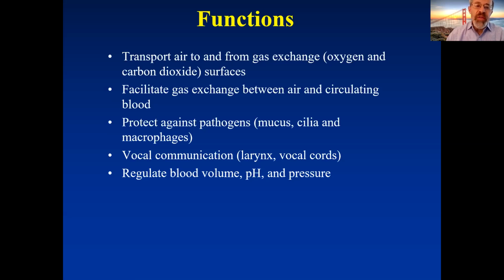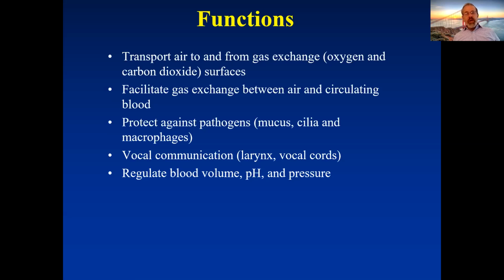A final role, and this is actually a direct consequence of the regulation of oxygen and carbon dioxide in the body, is the fact that the respiratory system controls the volume of blood, the pH, and pressure, air pressure. And of course, a lot of this has to do with the ability to regulate how much CO2 gets in the body. You're very familiar with times when you hyperventilate.